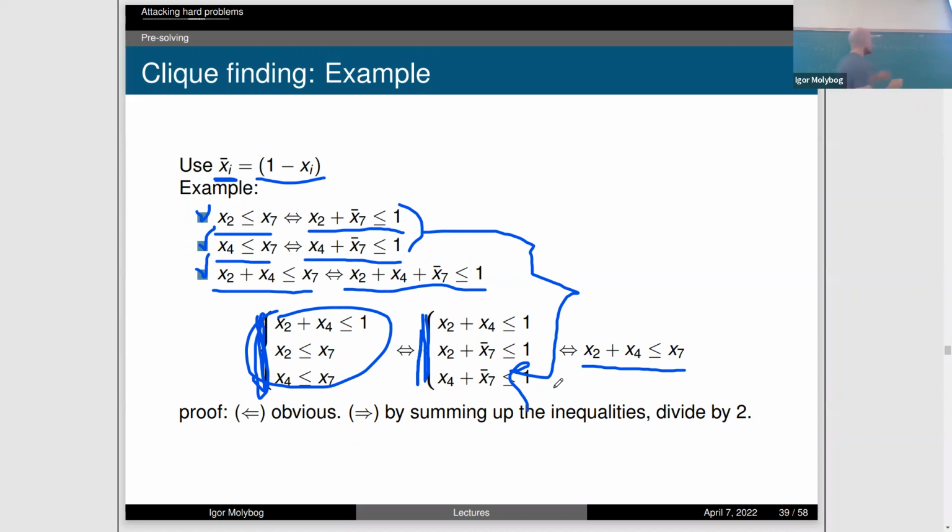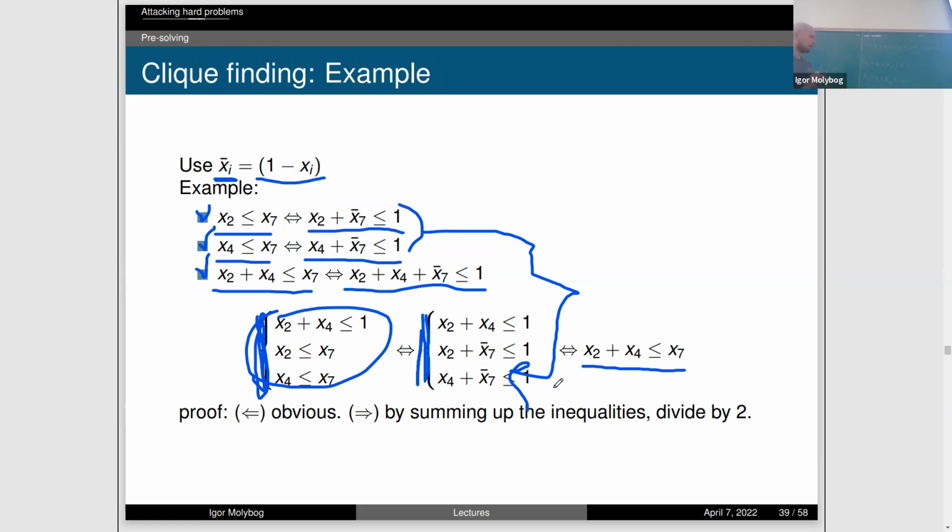I just summed them up, and when I group x2, x2, x4, x4, x7 bar, I get 2 times x2 plus x4 plus x7 bar is less or equal to 3. And then I divide both sides by 2. I get x2 plus x4 plus x7 bar less or equal to 3/2.